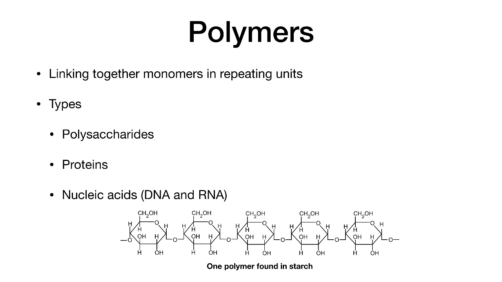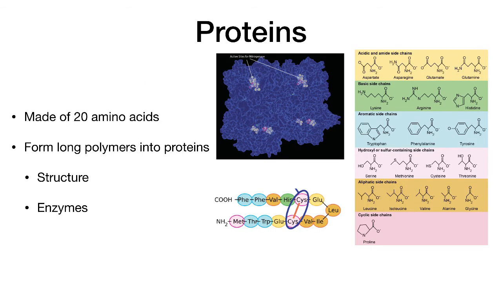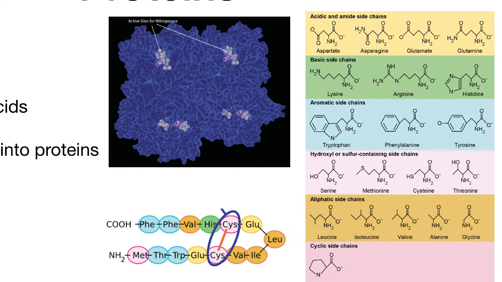Let's take a minute to look at just a few more details about biological polymers. Proteins are made of amino acids. There are 20 different amino acids that are commonly found in proteins, and their chemical structures are shown here on the right. The side chains, the R groups, for each amino acid dictate their properties.